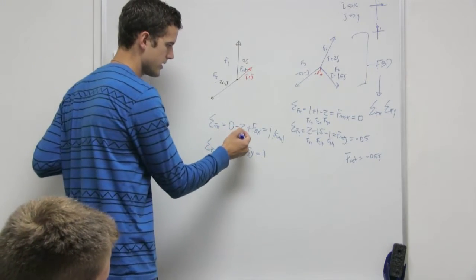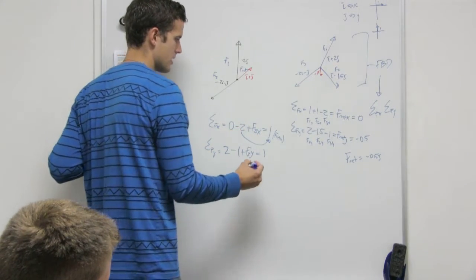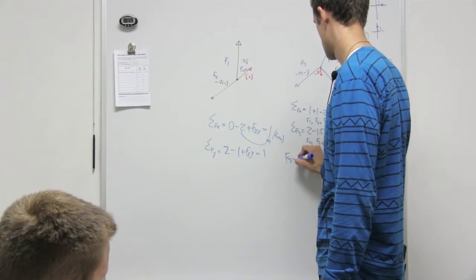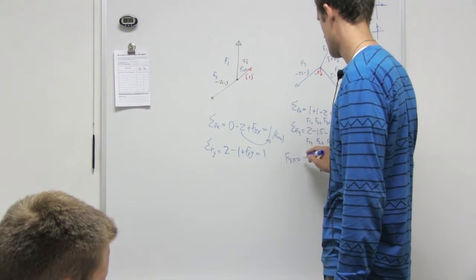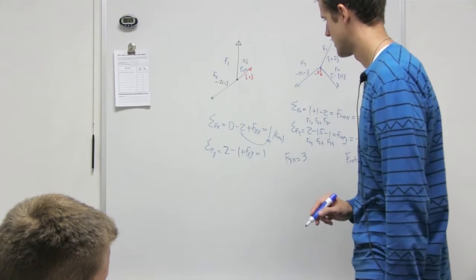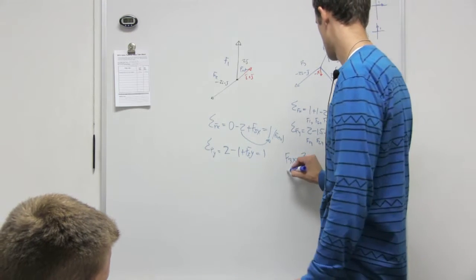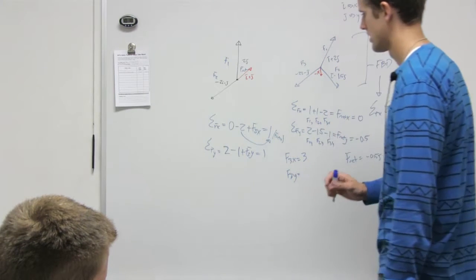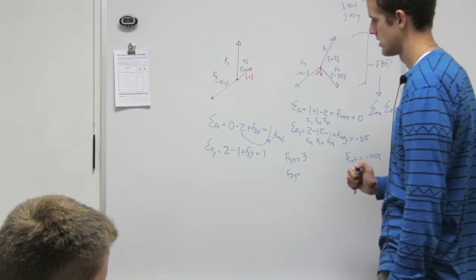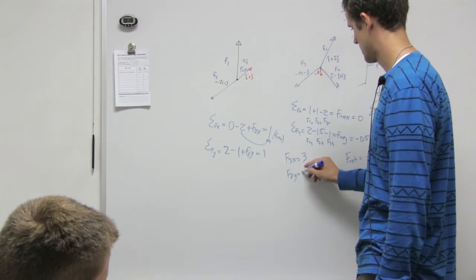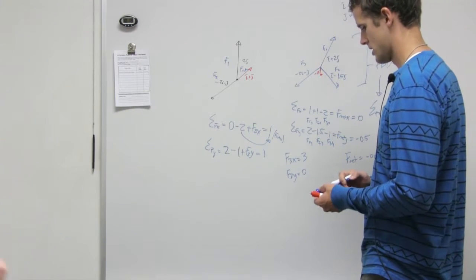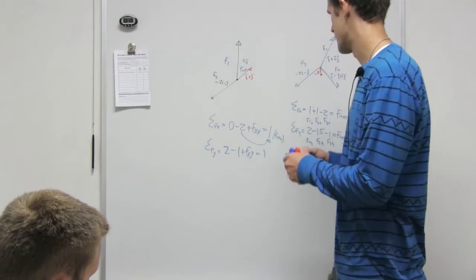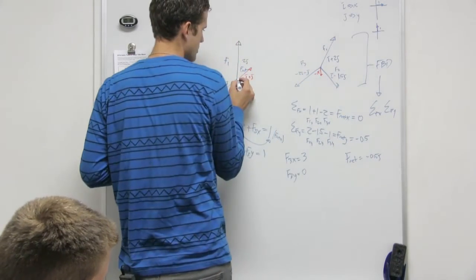Here you take this to the other side. f3 of x is 3. And what's f3y? 2. Oh, no, wait, the 2 gets moved over, so it's 0. So then your f3 would have to be 3 in the x, so it would just be this.